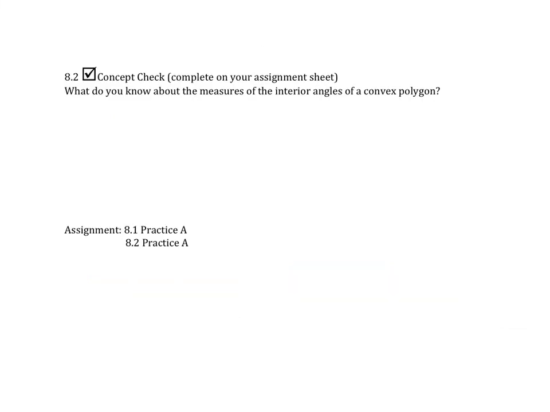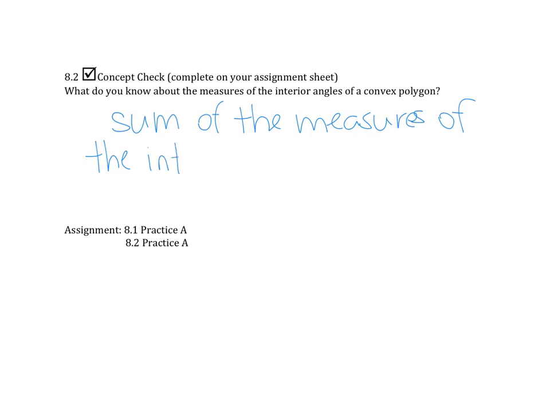So then to close this lesson, what do you know about the measures of the interior angles of a convex polygon? Okay, the sum of the measures of the interior angles equals n minus 2 times 180.